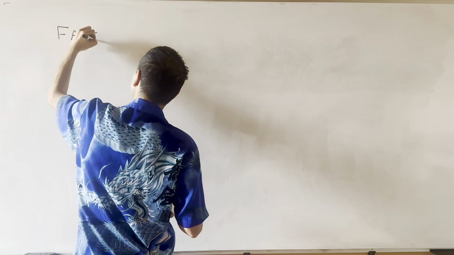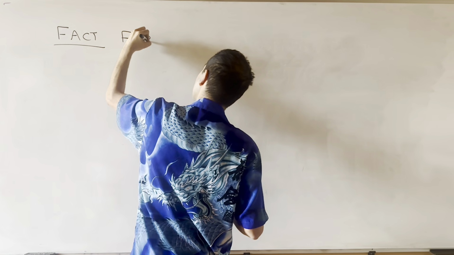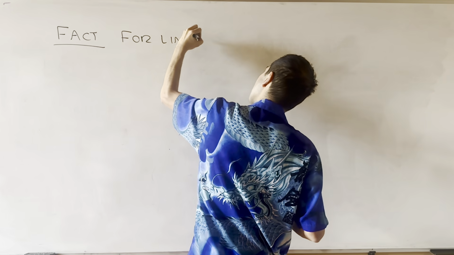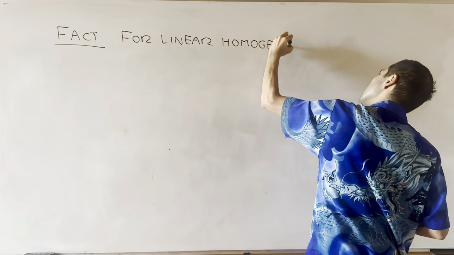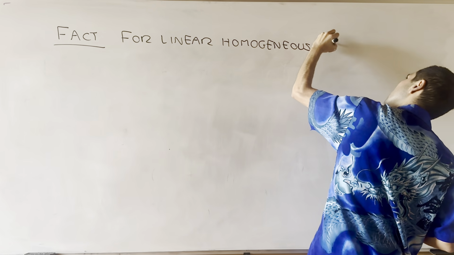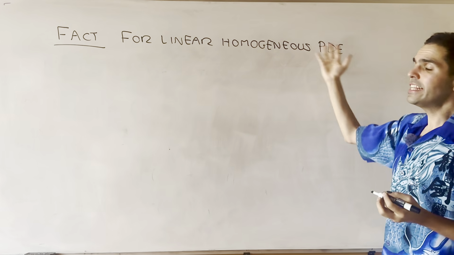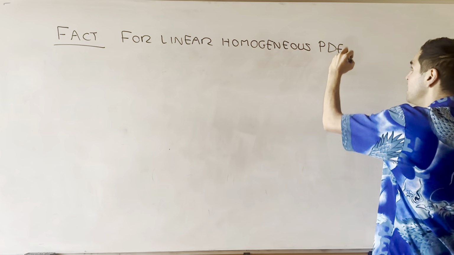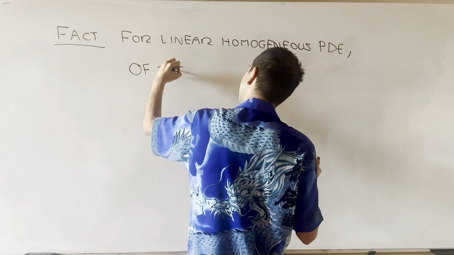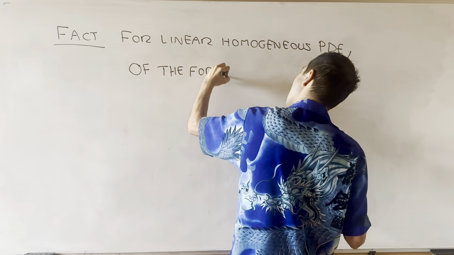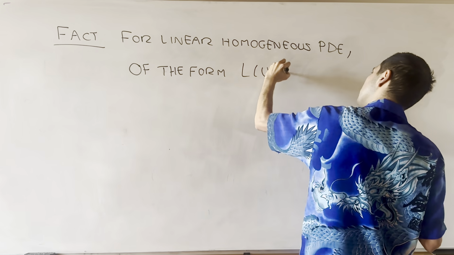Namely, for linear homogeneous PDE, what does linear homogeneous mean? It means of the form L u equals 0.